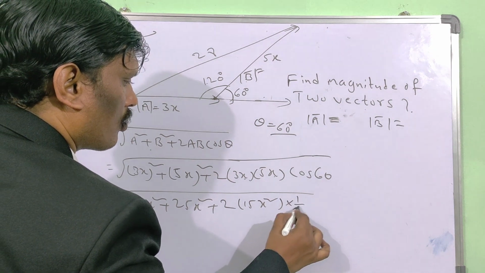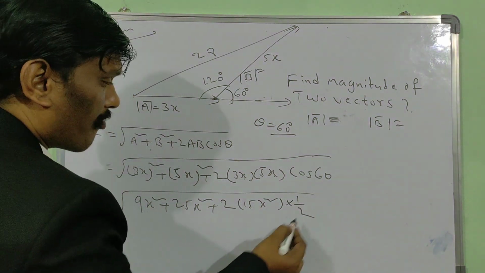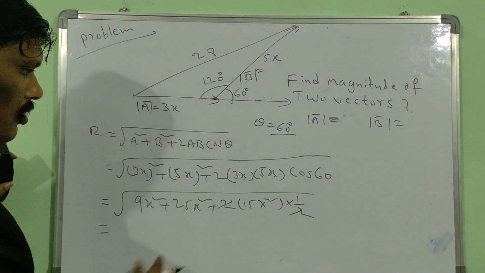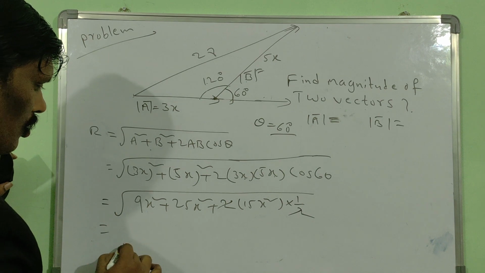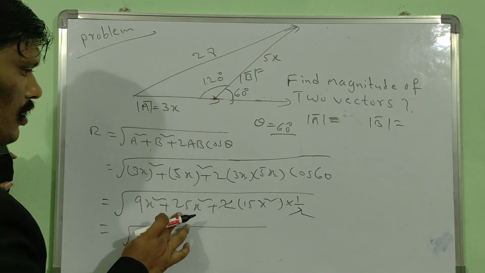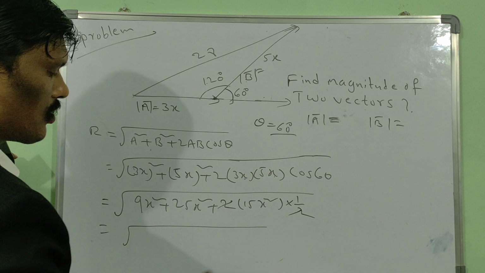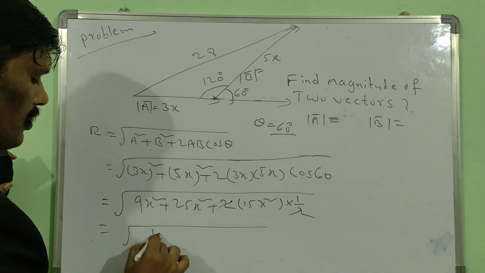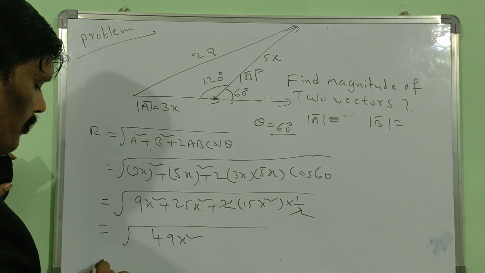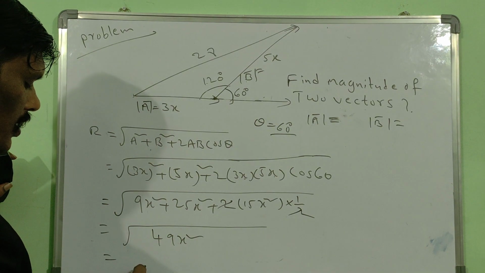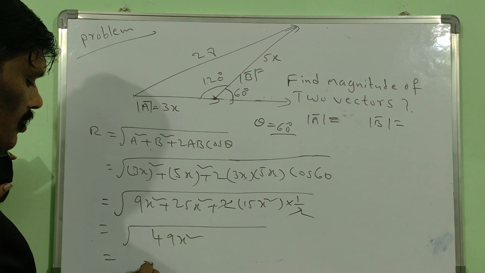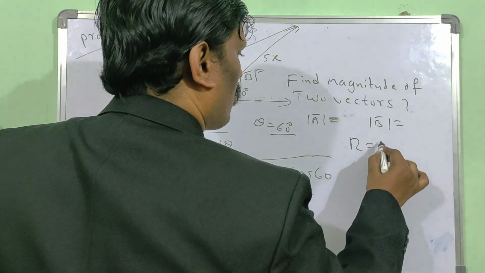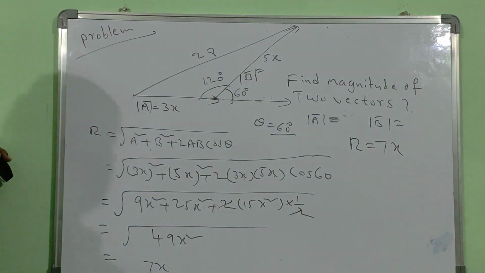So we have 9x square, 25x square, 15x square. 15 plus 25 is 40, 40 plus 9 is 49x square. From the root, 49 comes out as 7 and x square as x. Finally, the magnitude of the resultant vector we got is 7x.